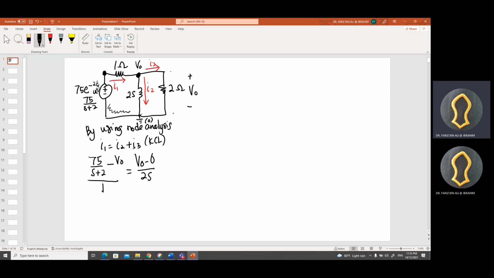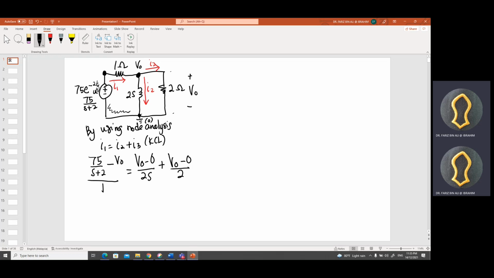Plus I3. What is your I3? I3 is V naught minus 0, because this is the reference point, divided by 2. Only 2, not 2S. This is the current flowing in the I3 branch.